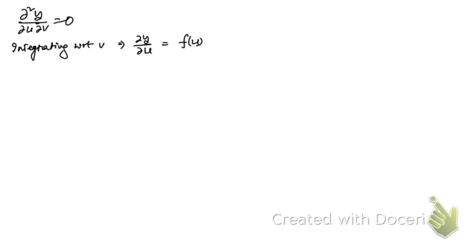We can write, so f of u is constant with respect to v. So hope you have understood this. Now if you integrate it again with respect to u, then what are you going to have?